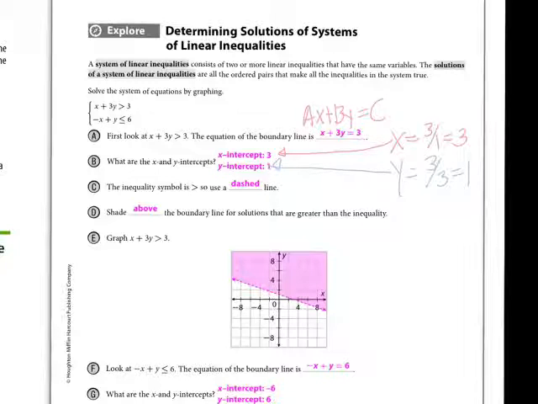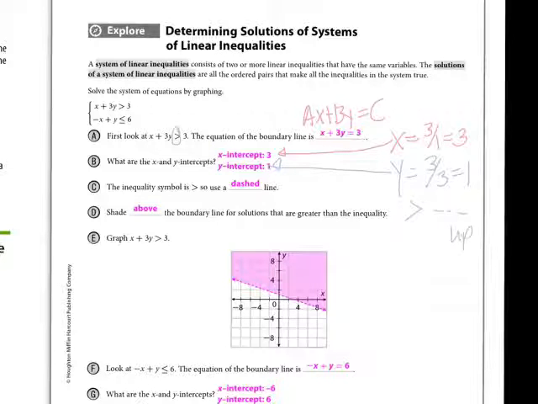Now that creates a boundary line. If you take a look at this problem, you see that this is a greater than, and from the previous slide we talked about greater thans. They're going to be dotted lines, and we are going to shade up.